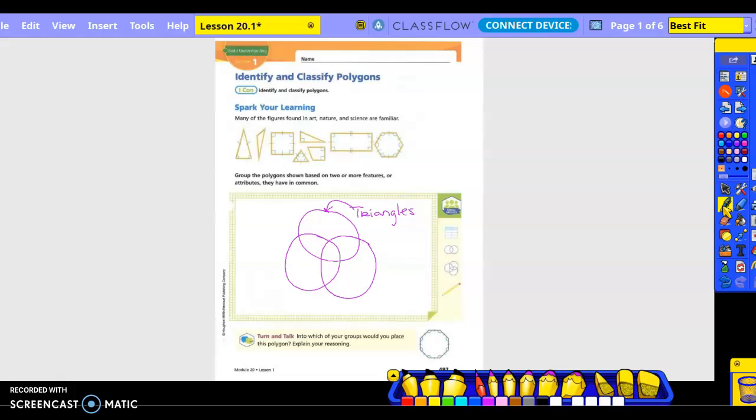Then we also have things, not necessarily triangles, that have at least one right angle. That will be this bubble right there. And then we all said sides are all the same length.